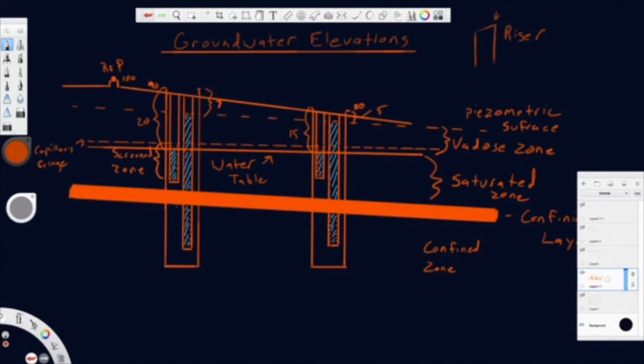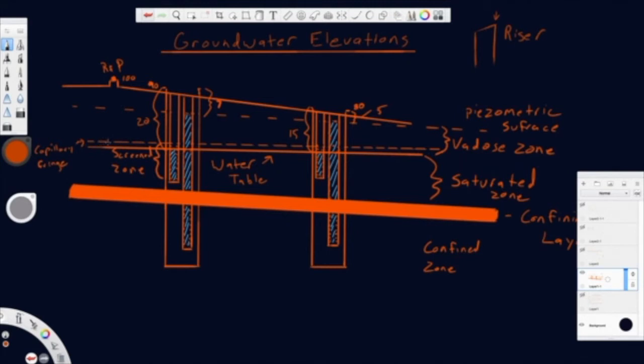And once you reach full saturation, that is your water table, or it's more often defined as when the pressure is equal to atmospheric, because you actually do get negative pressure above the water table in your capillary fringe that pulls water up into the vadose zone.